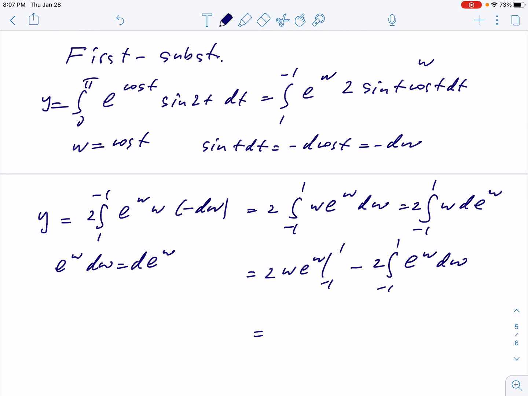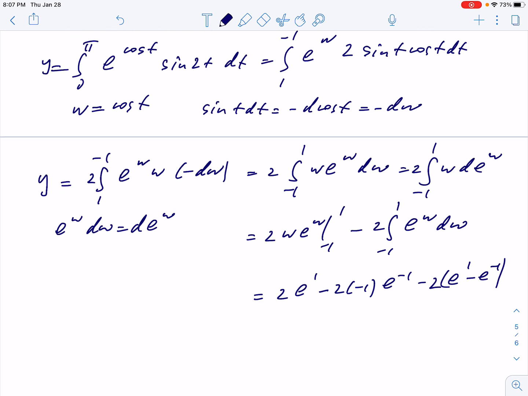So this will be 2 plugging 1, e first power, minus 2 plugging negative 1, here negative 1, e negative first, then minus 2. You see, integrating e^w is the same, so you just go e^1 minus e^(negative 1).